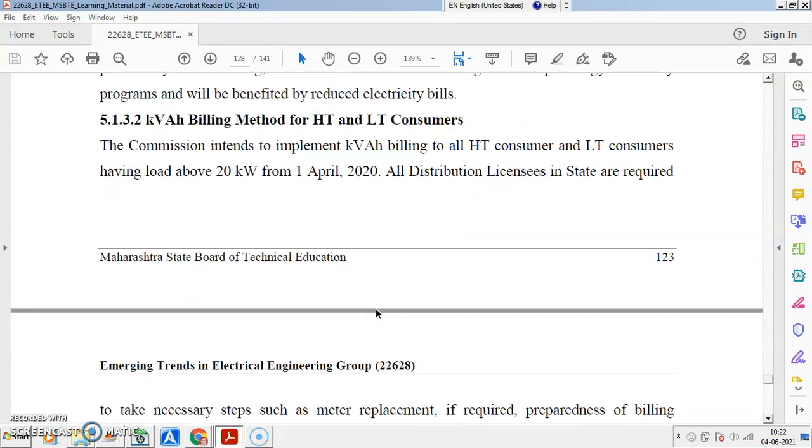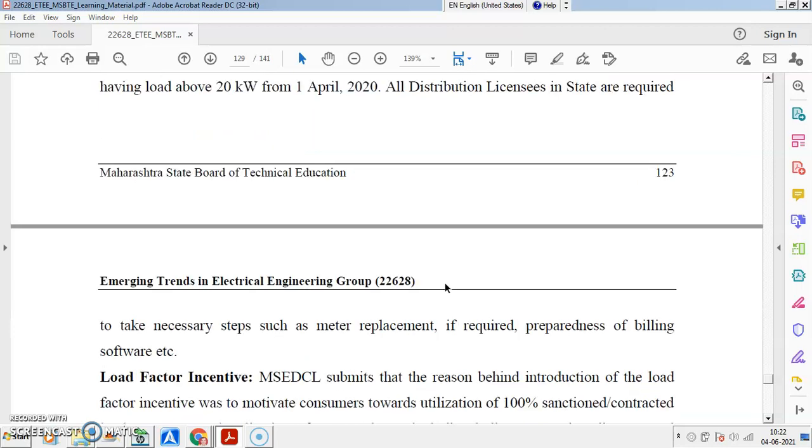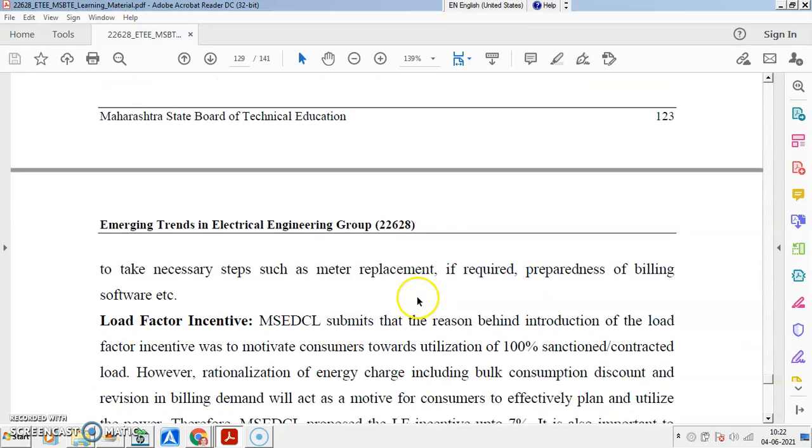So all distribution licensees, that is, what we call licensee or authorized distribution company, for example MSEDCL, Torrent Power, Tata Power, Reliance Power, are required to take necessary steps regarding kVAh billing, and go for ST consumer kVAh billing as per the Maharashtra State Electricity Regulatory Commission, that is MERC order.